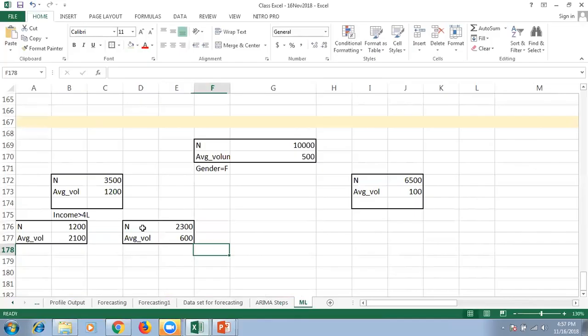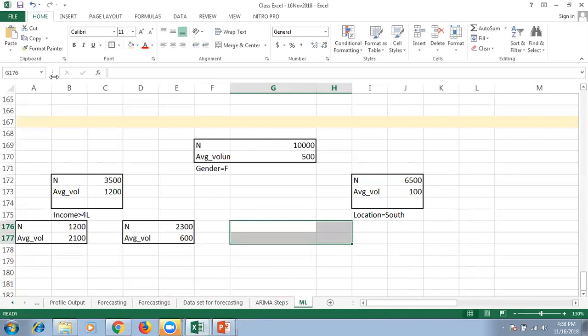Assume that. And these guys are also further split into location, north or south, and you got 2 groups, and here you got 2 groups.